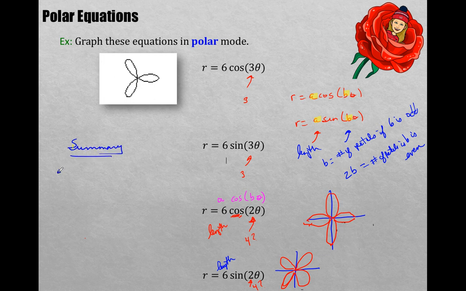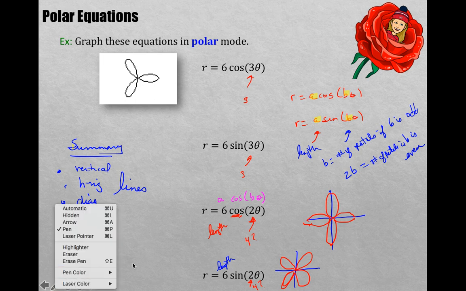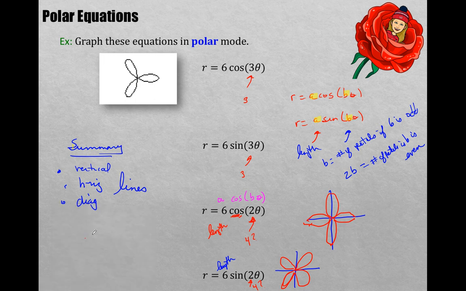we saw some polar equations that gave us some old friends. Vertical, horizontal, and diagonal lines. We also saw some polar equations that gave us circles, right?